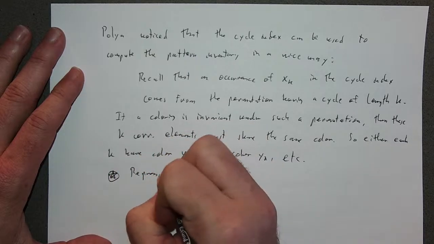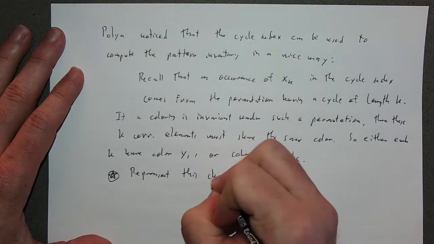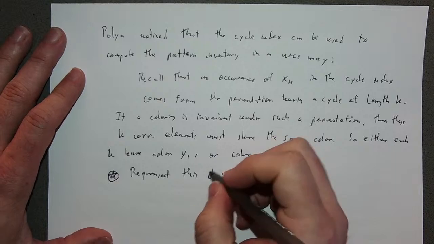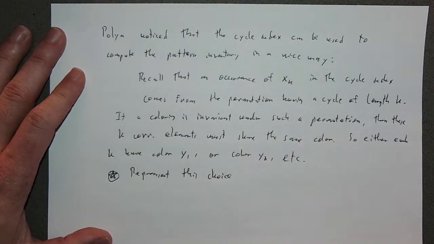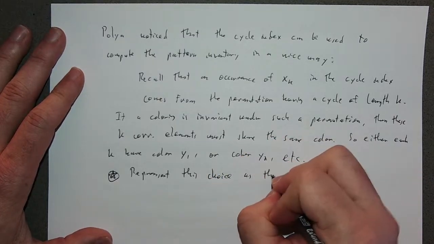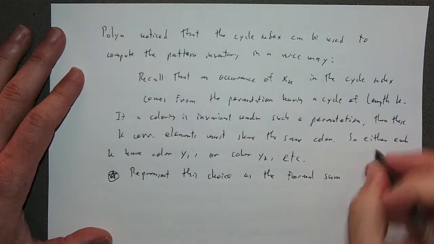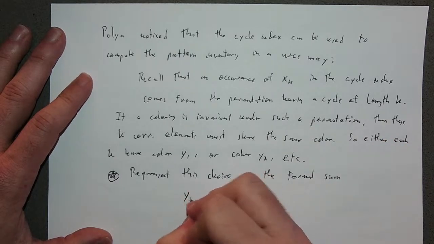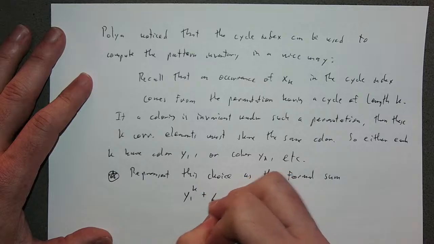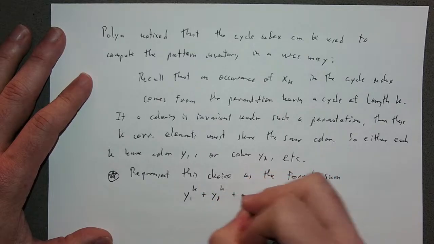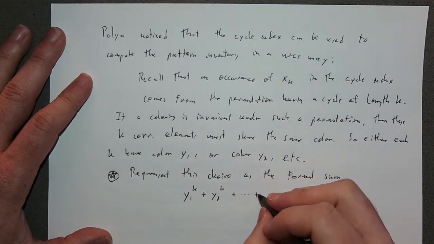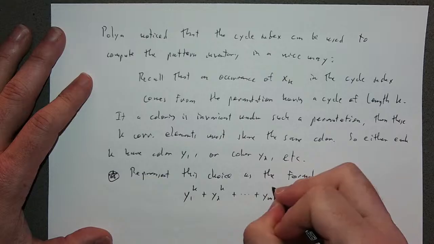Represent this choice as the formal sum y sub 1 to the k plus y sub 2 to the k, and so on, plus y sub m to the k.